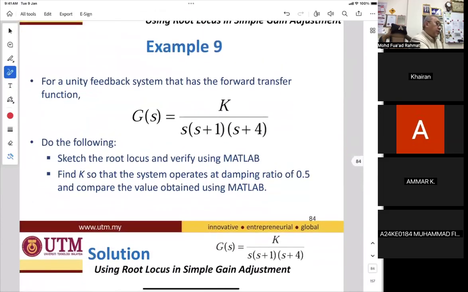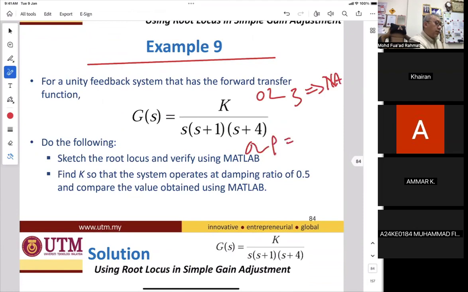Next example, example 9. You are given a model, GS, open loop transfer function. So we try to recognize first what is the open loop zero. Open loop zero, not available. But open loop poles, we have 1, 2, 3, which is 0, -1, and -4.